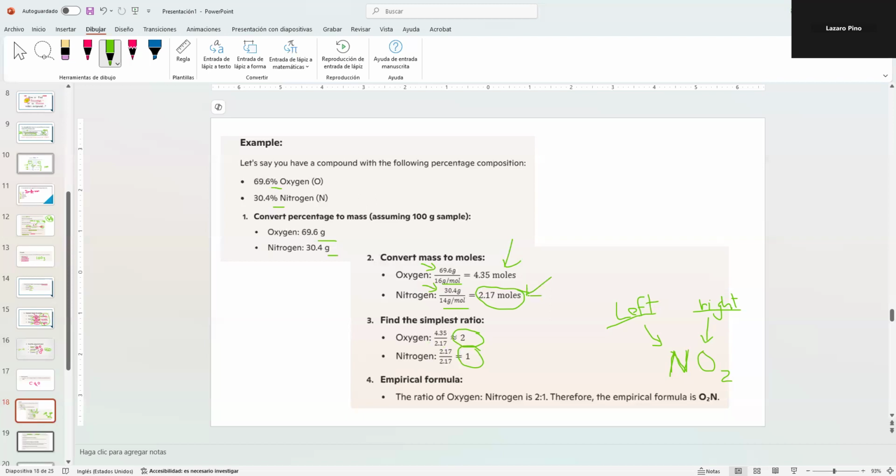You say the smallest is 2.17, then you divide both by the smallest and you get ratios. In this case, you get whole numbers, and then you accept these whole numbers as the number of atoms in the empirical formula. I prefer you to write the nitrogen to the left because nitrogen is to the left of oxygen in the periodic table.